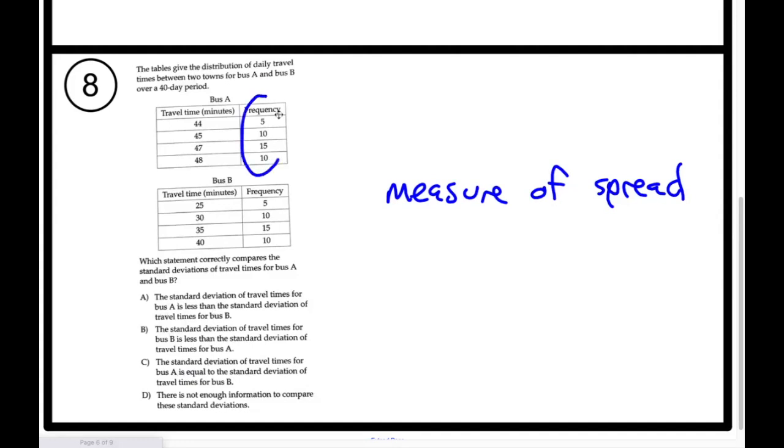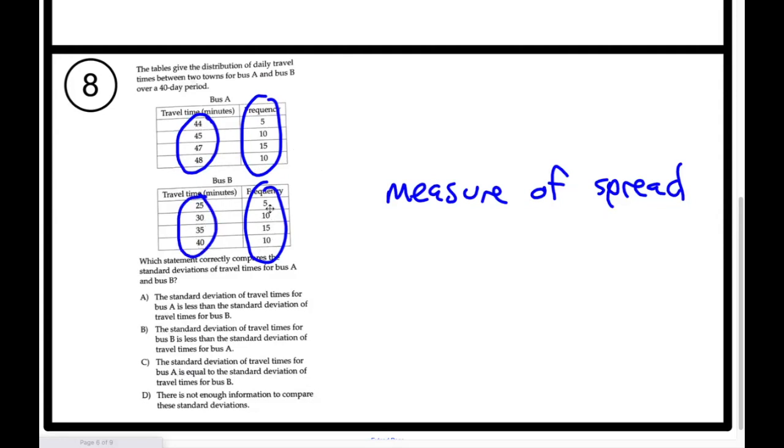Notice the frequencies are the same, so they're spread out the same way, except for A, the travel times in minutes are much closer together. For B, the travel times are much further spread out.